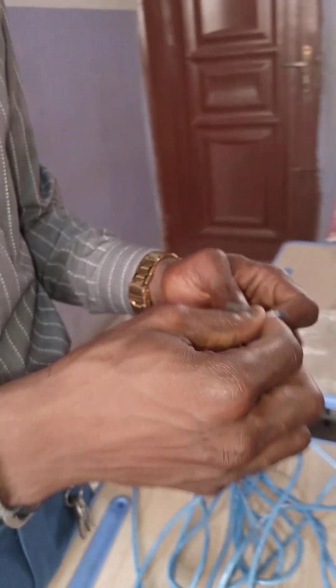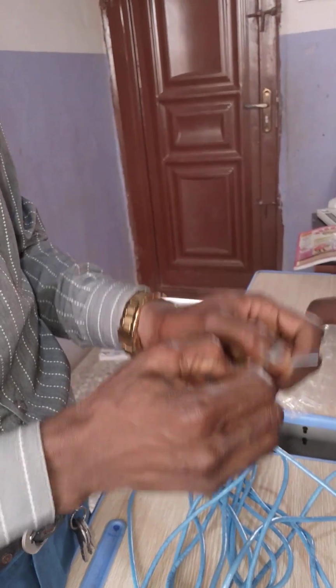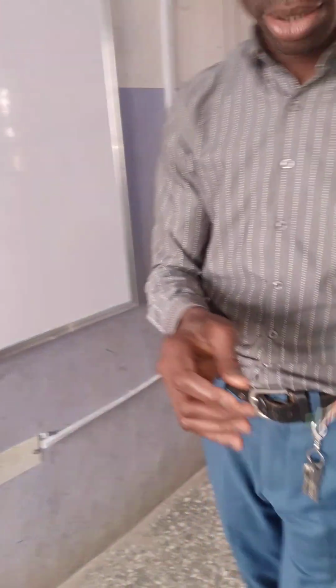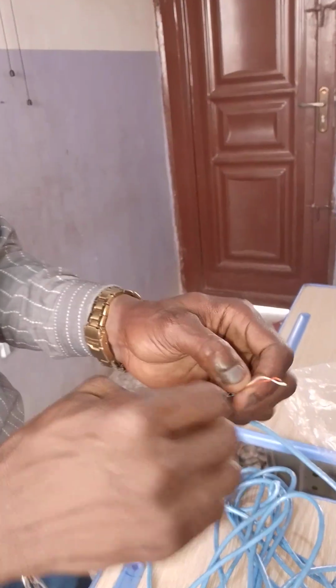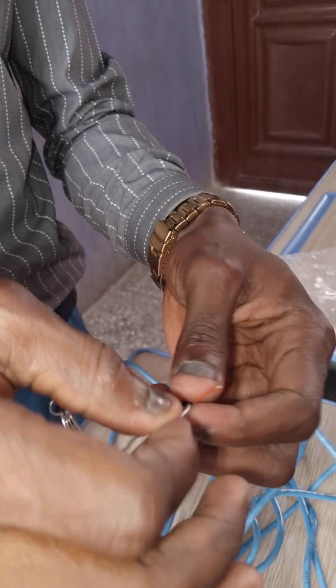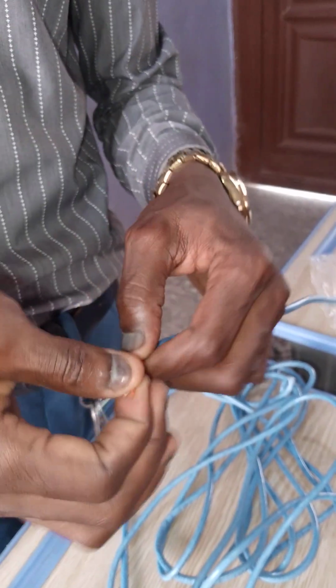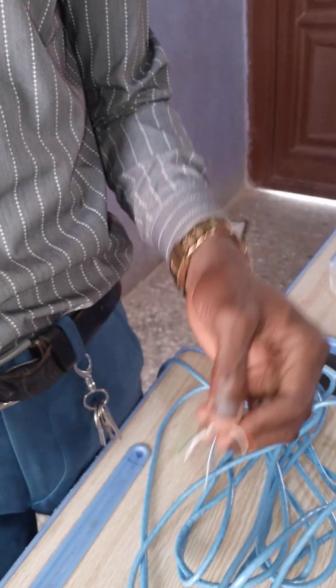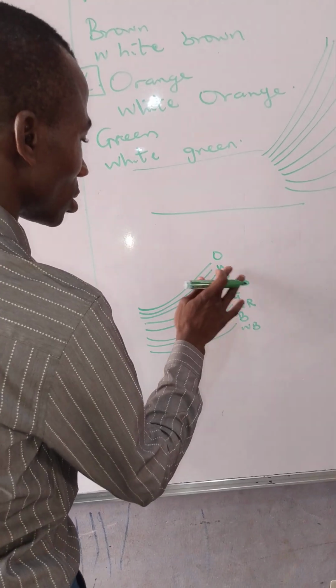Do you see the arrangement? That's the way we want to follow it. We'll start with white orange, orange. Sorry, I missed it. It's supposed to be white orange, orange.